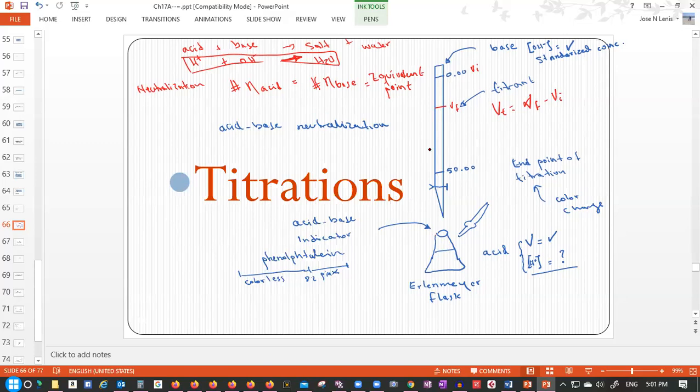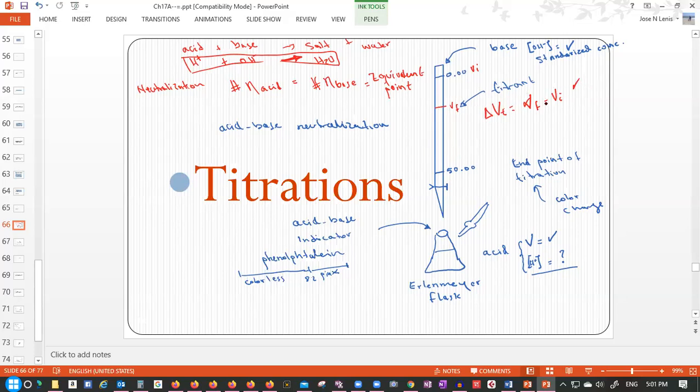Remember, you count from top to bottom. This is your 0, you measure the mLs from top to bottom, not from bottom to top. I have seen many people measuring the liters from bottom to top, which is wrong. So you find the delta volume there. So that's well known.